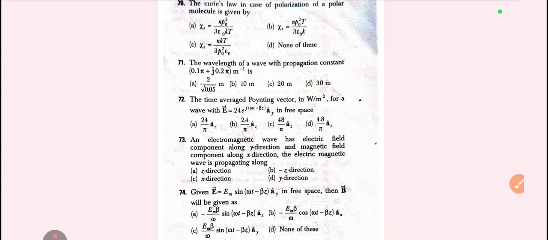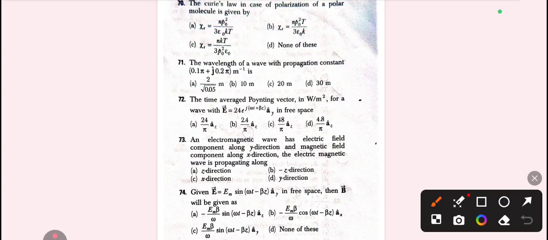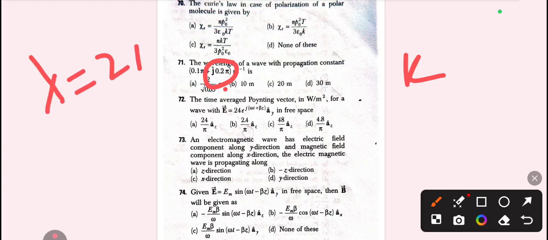The wavelength of a wave is given with the propagation constant. Just see here, we have k. We also know that lambda equals to 2 pi over k.